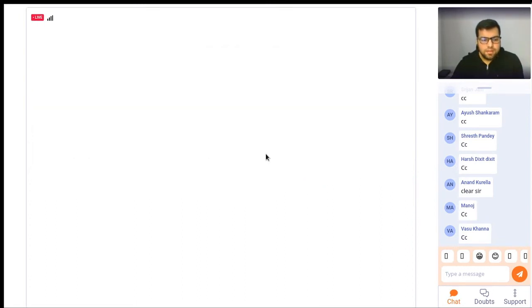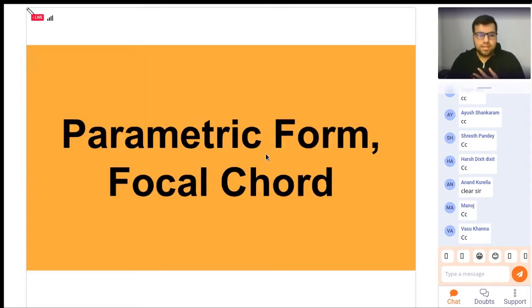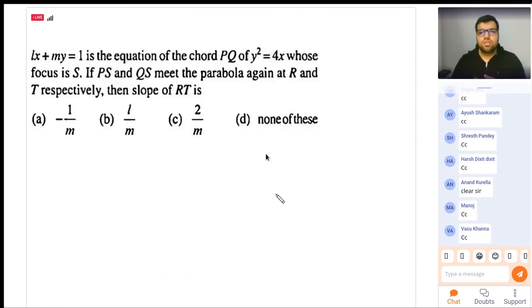Now coming on to the next topic, parametric form and focal chord. So do this question. Before doing this question, you should know the equation of the focal chord, because this will be used again and again in questions.